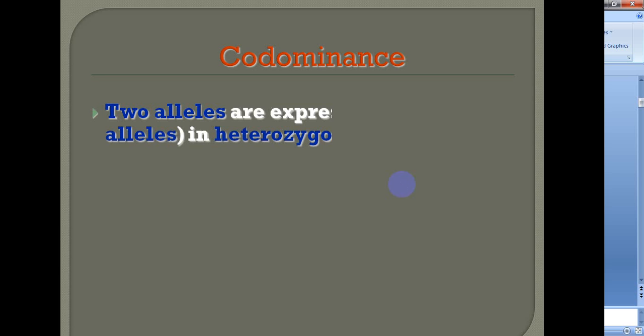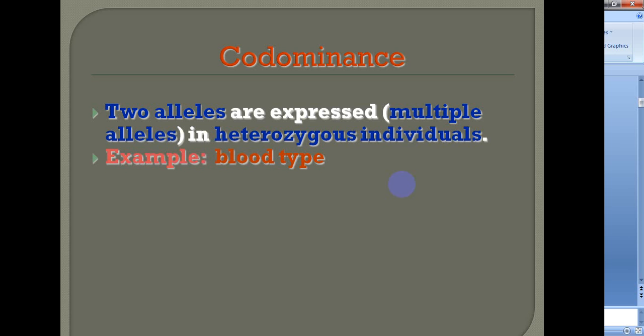Similarly, there is another example where both the alleles are expressed in the heterozygous condition, and in the heterozygous individual both alleles show their presence.